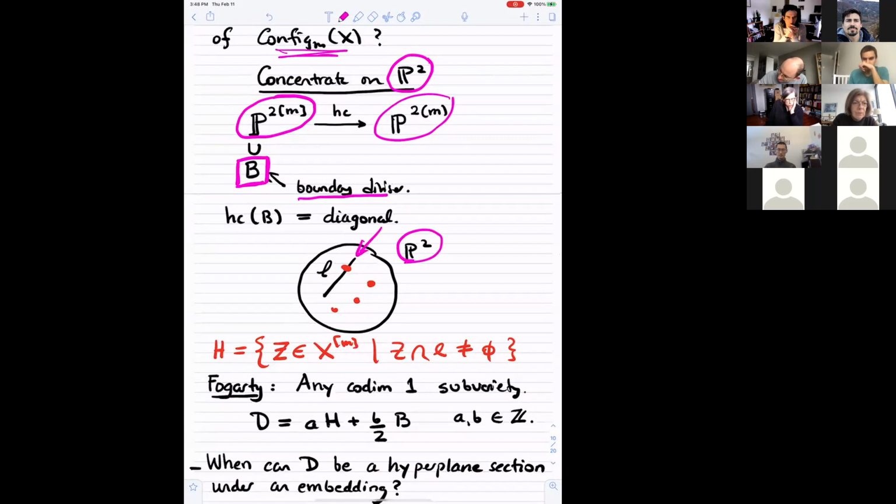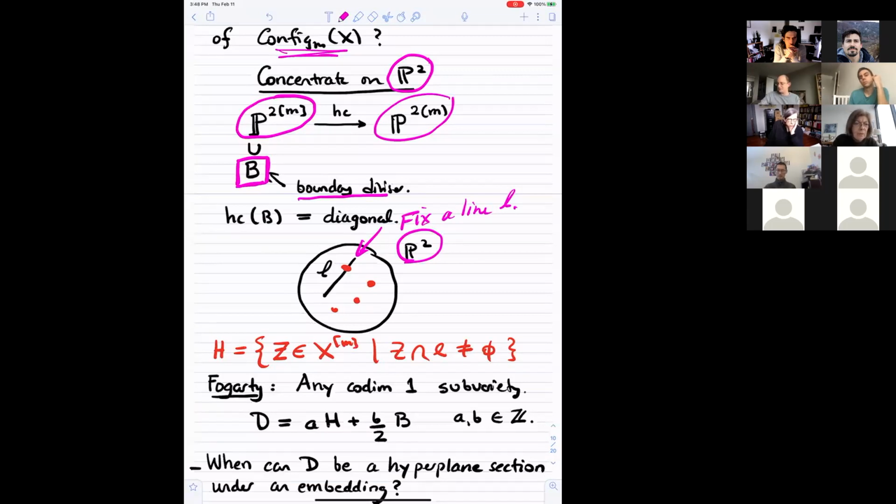Fix a line L. You can ask for schemes that have a point that lies on L. This is codimension 1, because these n-1 points are totally free, so they have 2n-2 freedoms, except that the last point is stuck on L. So it has only 1 freedom instead of 2, and the dimension is 2n-1 instead of 2n. So it's codimension 1, and I'll denote this by H.